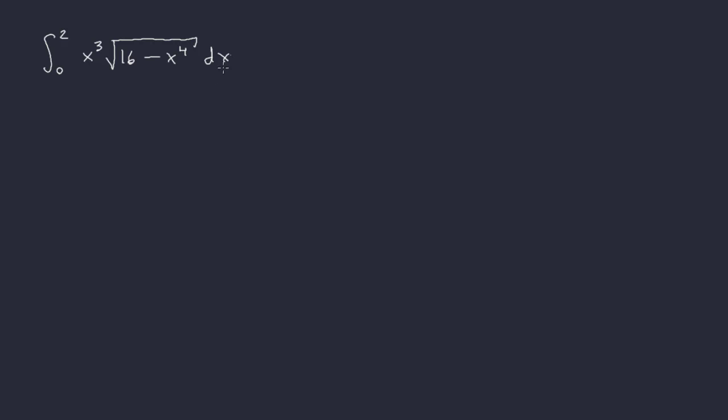All right, to give another example involving u substitution, let's say we have the definite integral from 0 to 2, x cubed times the square root of 16 minus x to the 4th. So of course, we have the square root of stuff, so our likely candidate for u is going to be what's underneath the square root.